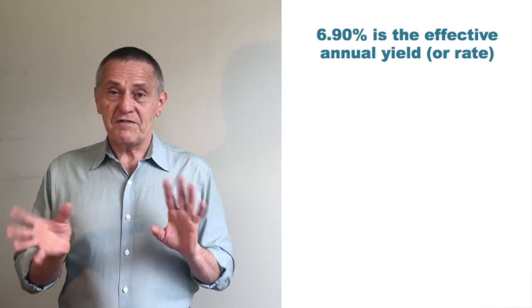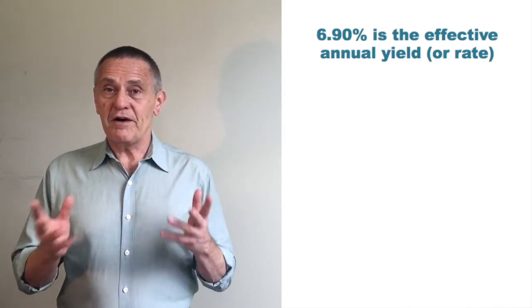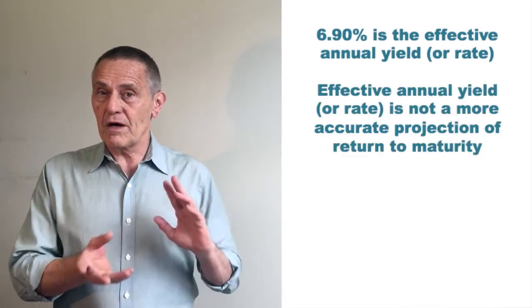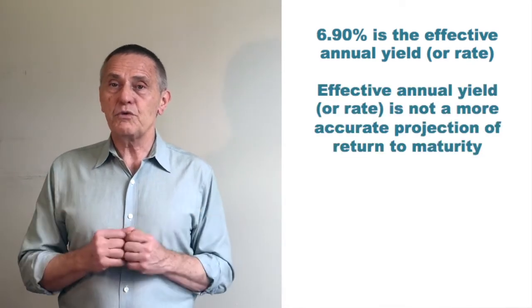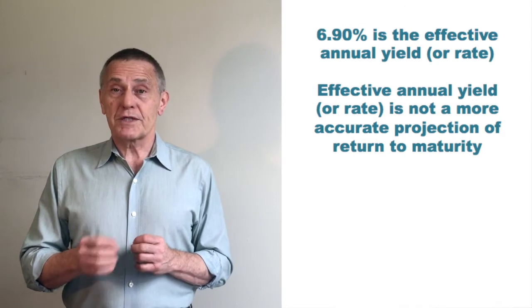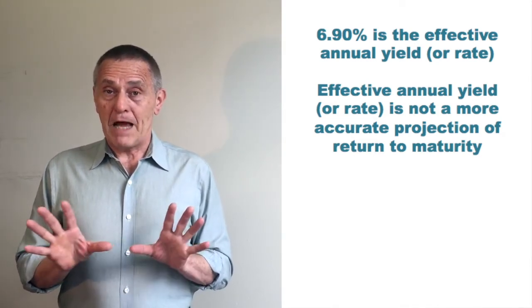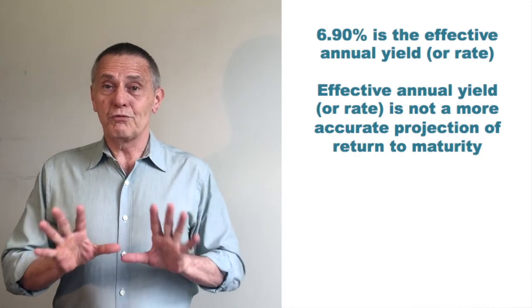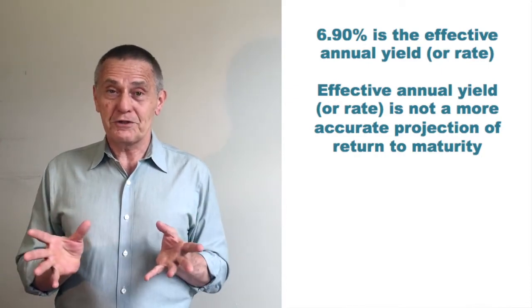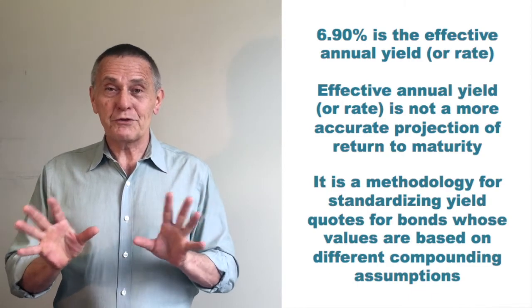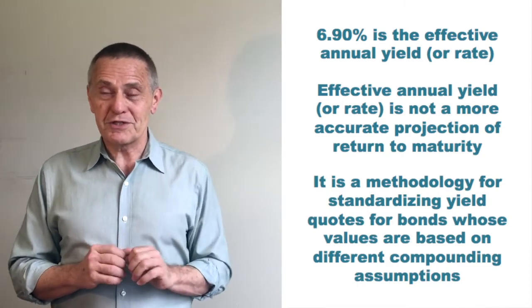But you'll note the effective annual yield is simply a way of adjusting a yield to maturity for a bond that pays coupons more than once a year to express that on an annual compound basis. Now, some authors reinterpret that as an adjusted yield to maturity, but that's a subject for another video. I don't want to make this one too long, so we'll set that issue aside for the moment.